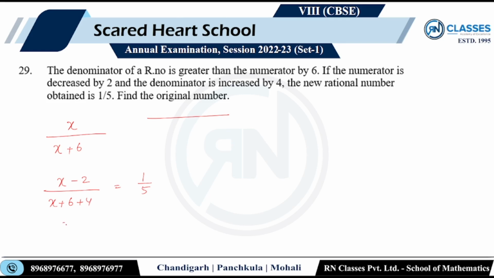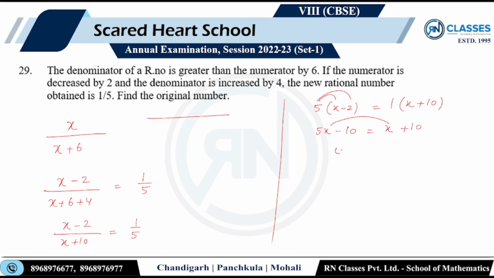That's it. So मेरे पास equation क्या बनी? x minus 2 by x plus 10 is equal to 1 by 5. Right? So now what will I do? Cross multiply, of course. 5 into x minus 2, which is equal to 1 into x plus 10. So this is 5x minus 10, which is equal to x plus 10.